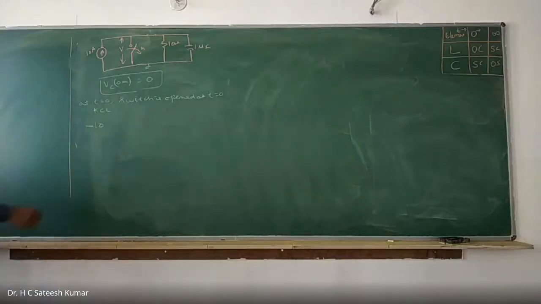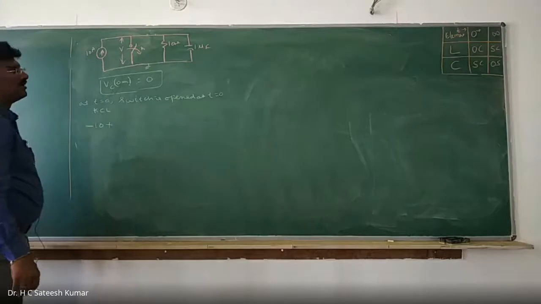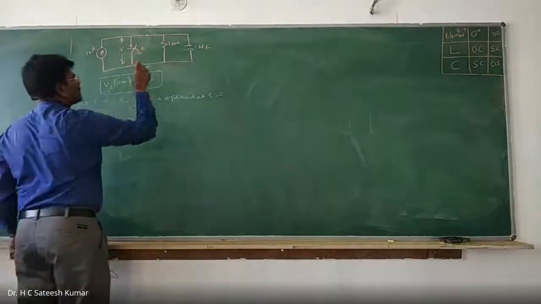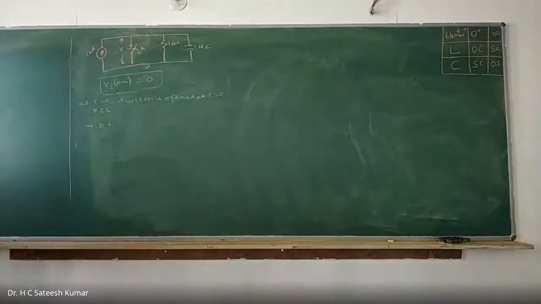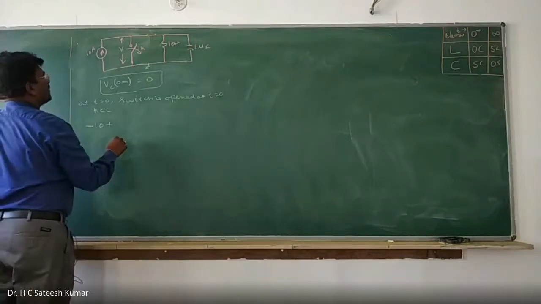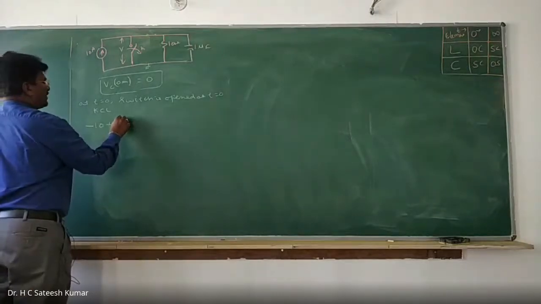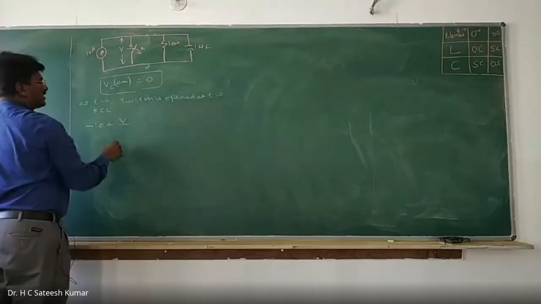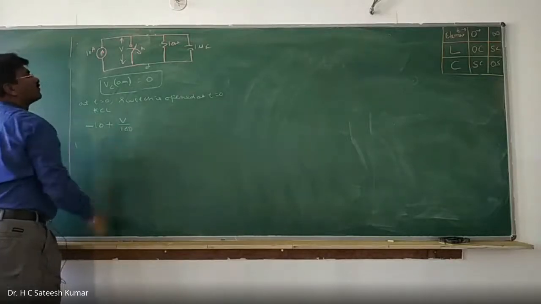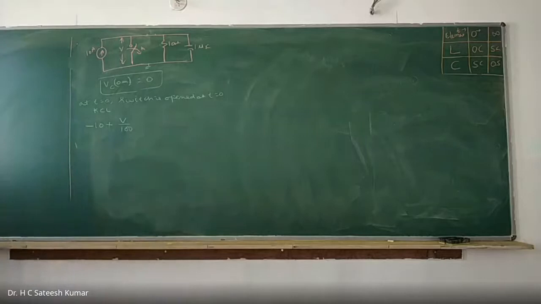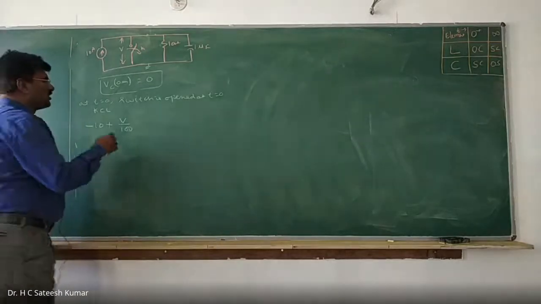Minus 10 plus the current. This current is nothing but V divided by the resistance, 100. Next, the current flowing through the capacitor is 1 by C into integration.